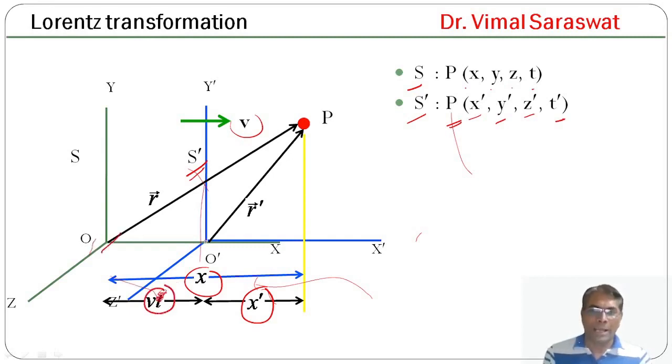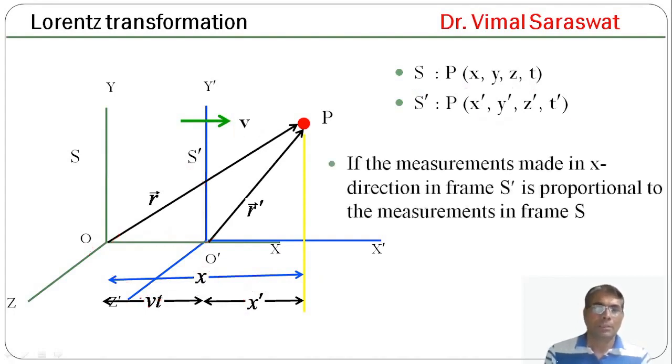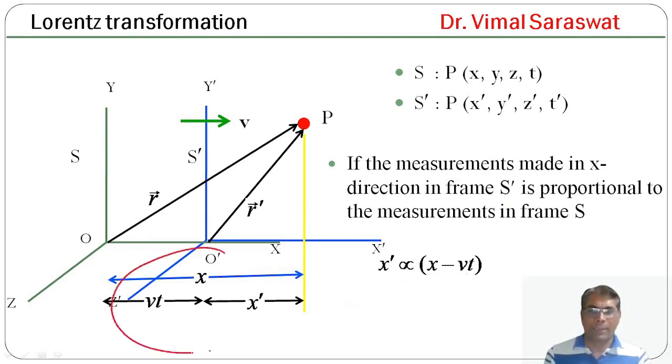So OO dash is equal to vt. So x dash is directly proportional to x minus vt. It is clear from here that x equals x dash plus vt. Therefore, x dash equals x minus vt.